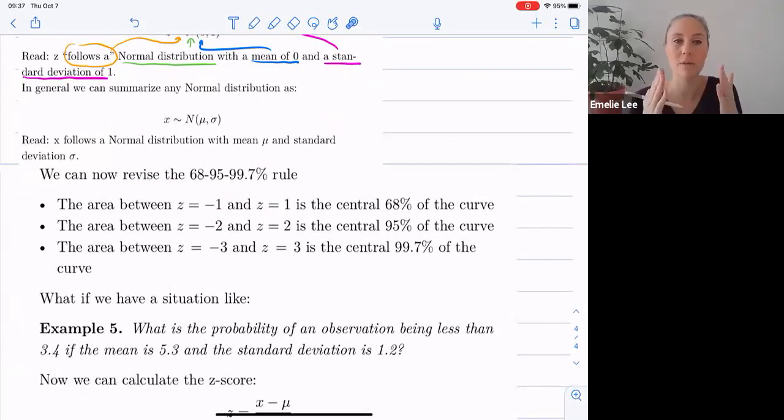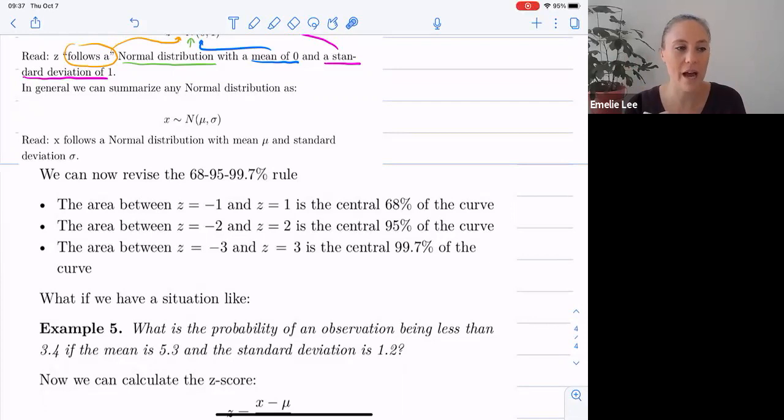So the probability of being in there between -1 and 1 is 0.68, right? Same thing with 2. So -2 and +2, again, that's that central 95%. And then -3 and +3, that's the central 99.7% of the curve.